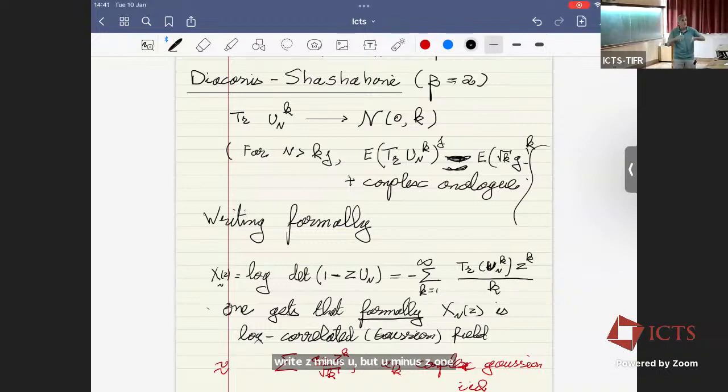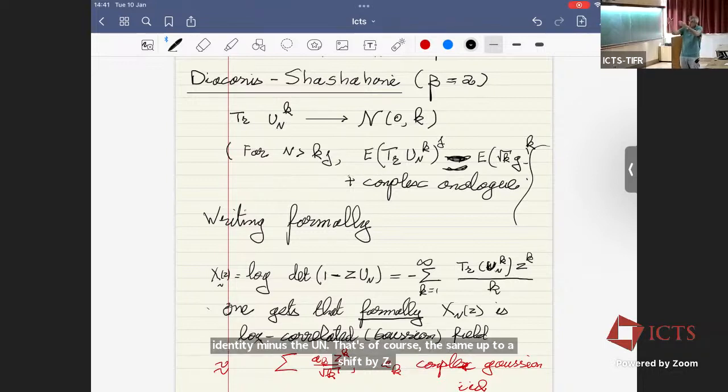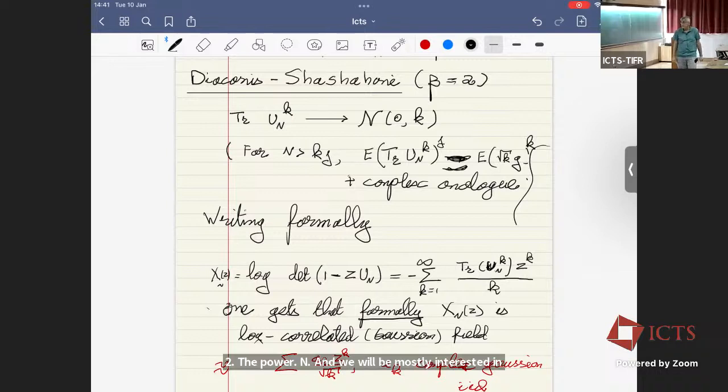That's of course the same up to a shift by z to the power n, and we will be mostly interested in absolute values, so that will not make any difference. And then you get this power series. Now, from the previous result, the trace of U_n to the power k converges to a Gaussian of variance k. So divided by k, it converges to a Gaussian of variance 1 over k.